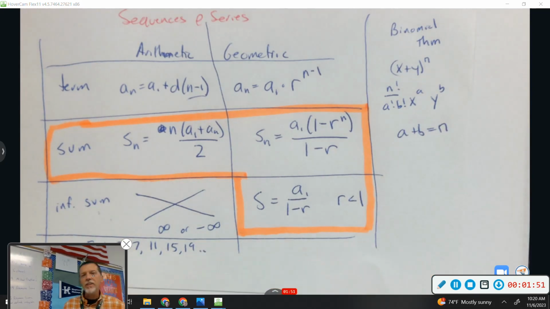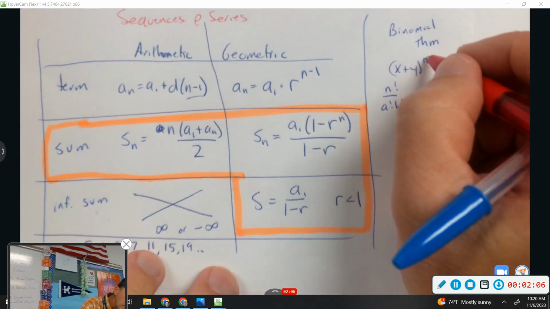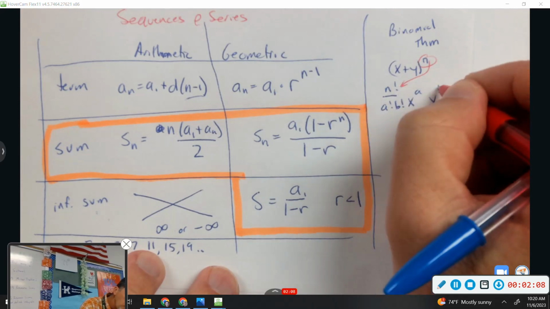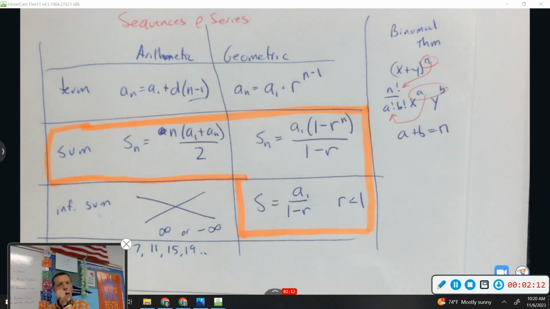That's another way to phrase that. A is going down and B is going up, but they always add to n. And then the coefficient is the big power factorial over the pieces' factorials. That's the coefficients of a binomial expansion.